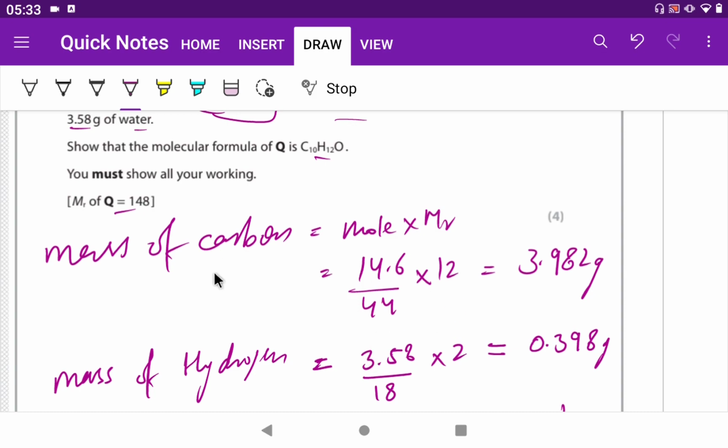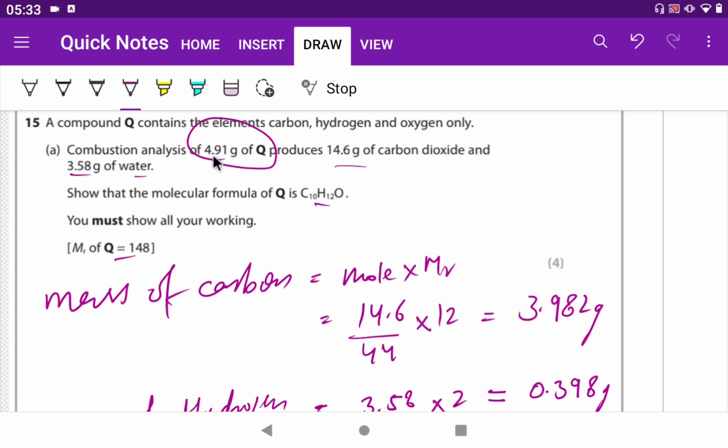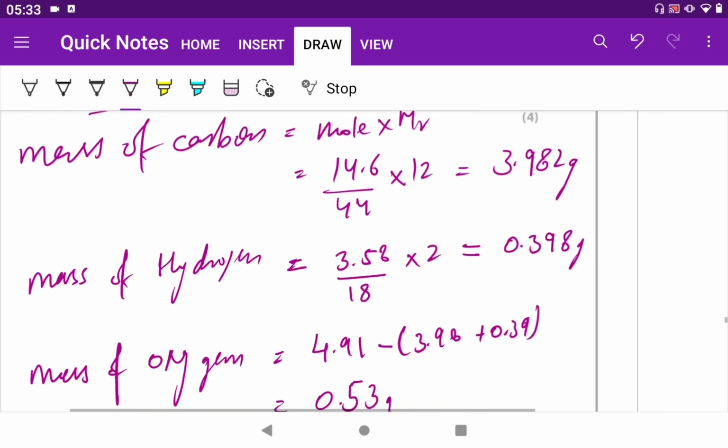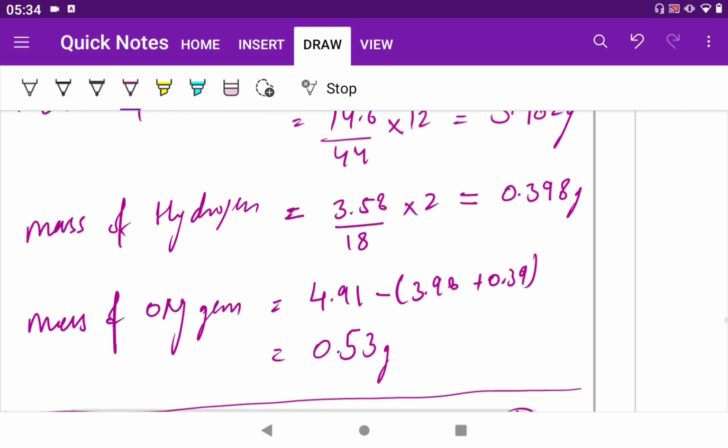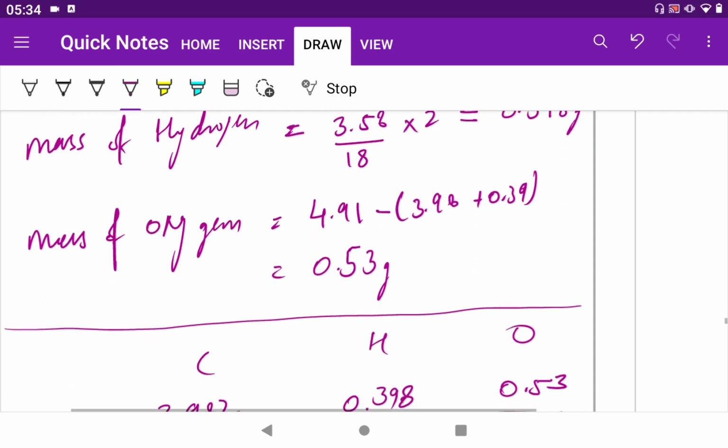So the total, and the mass of oxygen will be 4.91 minus this, so it will be 0.53 grams.